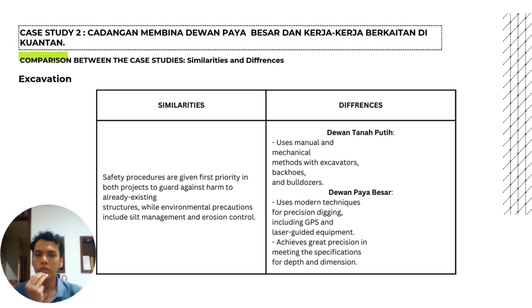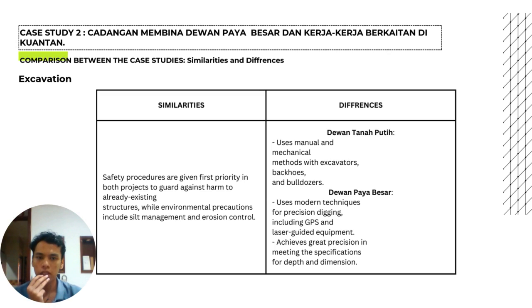Okay, the comparison between the case studies, the similarities and differences. First off, excavation. The similarities for both A1 Tanah Putih and A1 Wawisa, they both have safety procedures that are given first priority in both projects to guard against harm to already existing structures, while environmental precautions include silt management and erosion control.